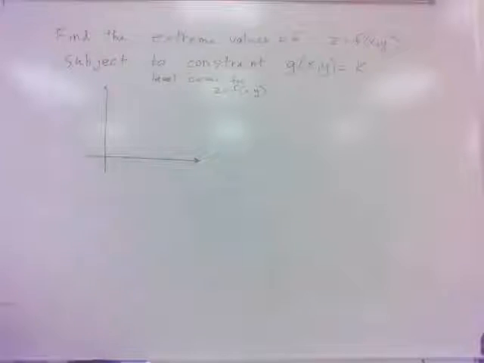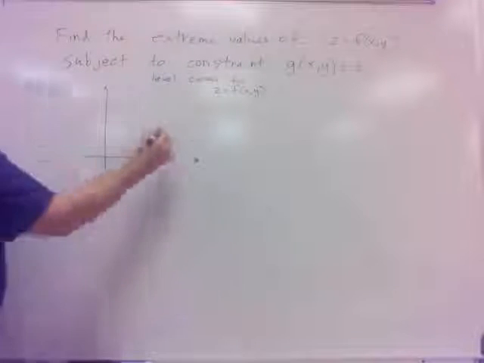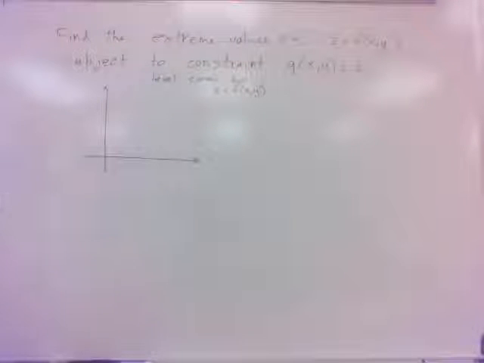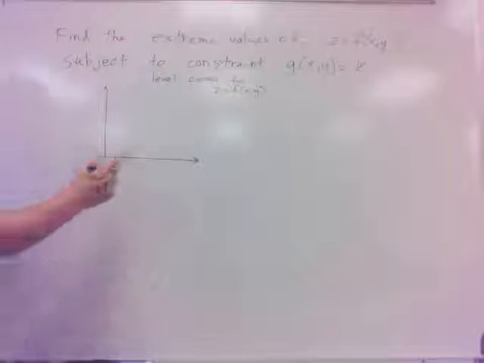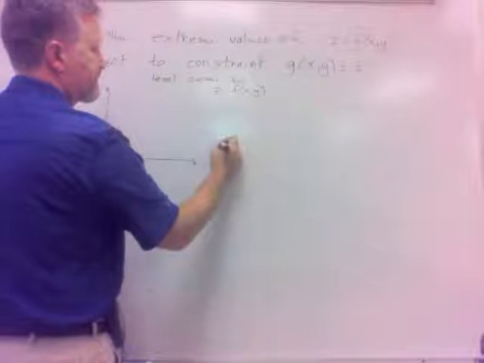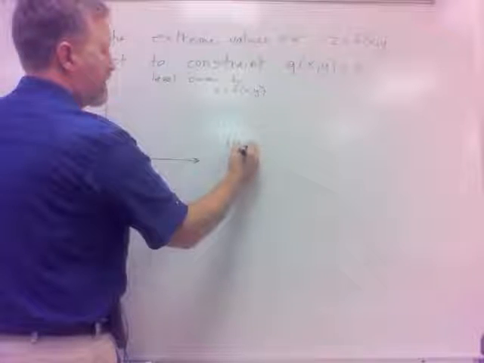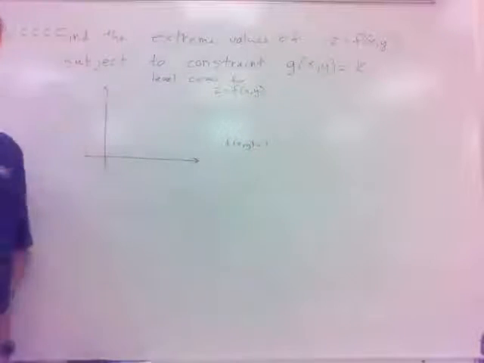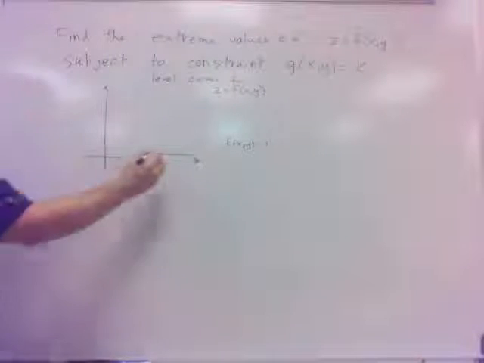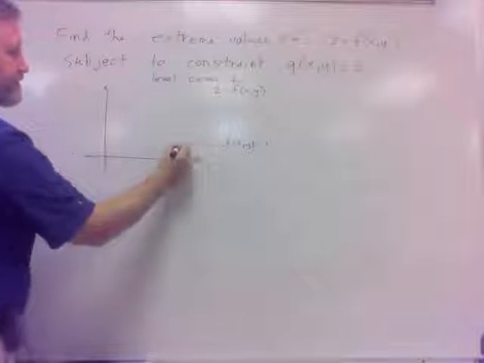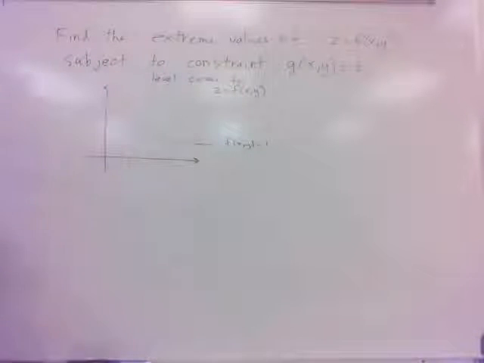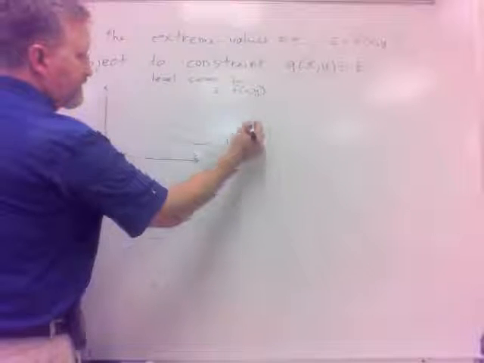In other words, we're just going to make this up, but let's say our level curves come in looking like this. Like, for example, if f of x y equals 1, then let's say our level curve looks like that. Just a hypothetical here. And let's say it does kind of grow.